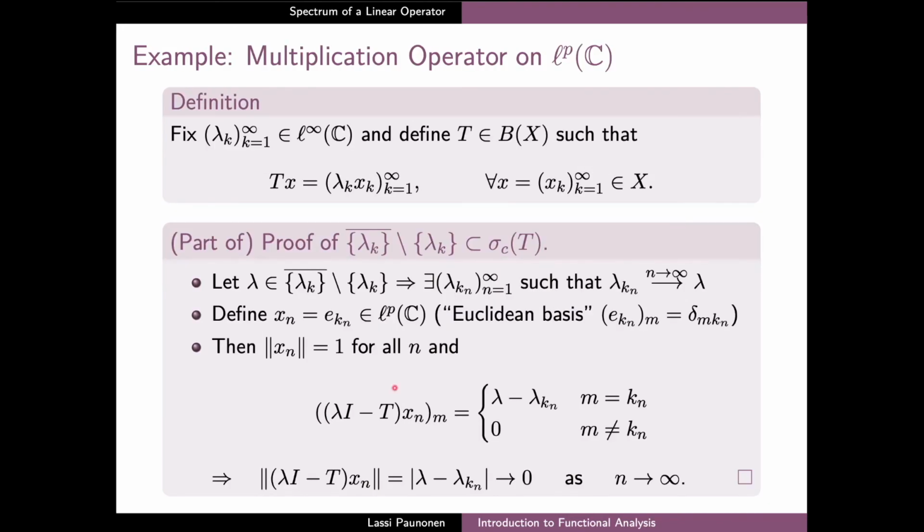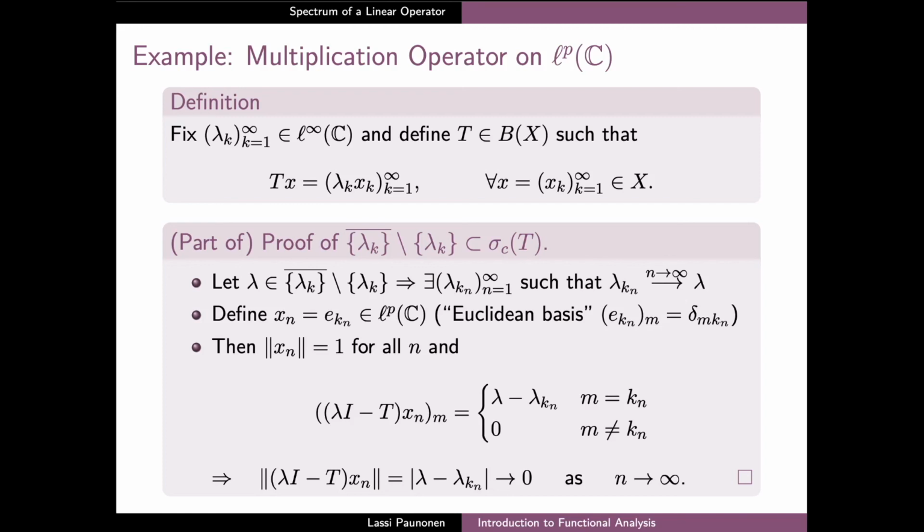And we can use these results for our multiplication operator on LP if we want to prove that all limit points of the set of lambda k's which are not in the set itself belong to the continuous spectrum.